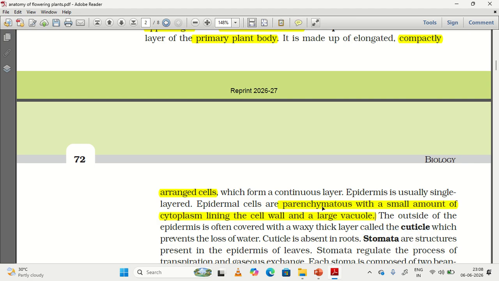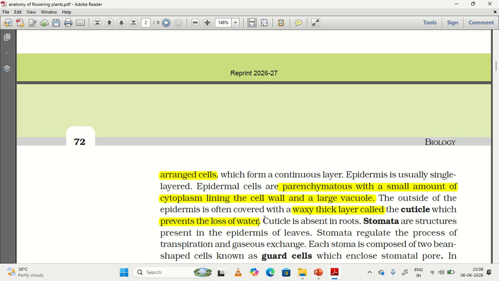The outside of the epidermis is often covered with a thick waxy cuticle. We call this thick waxy layer the cuticle, and its function is preventing the loss of water.